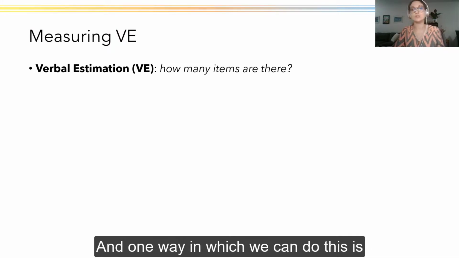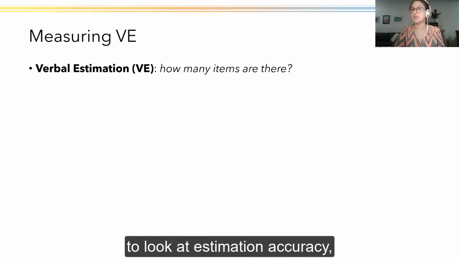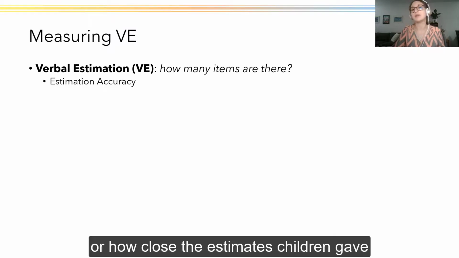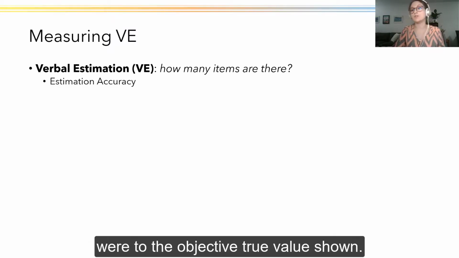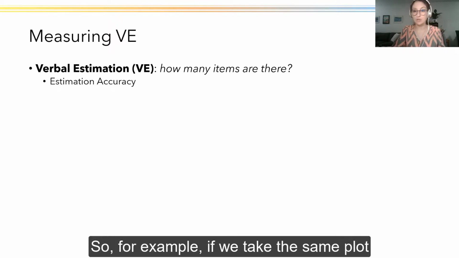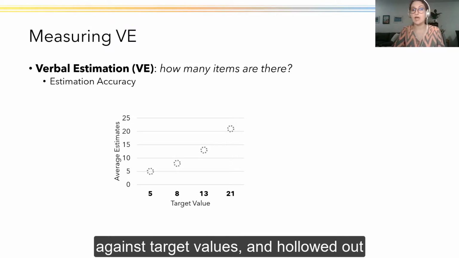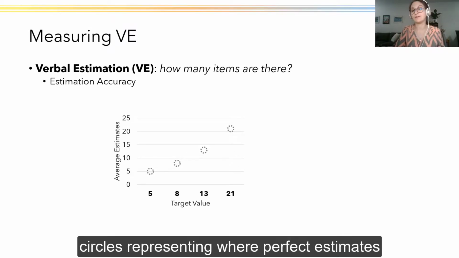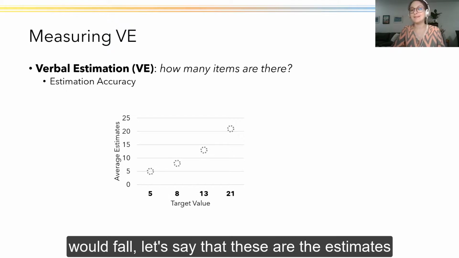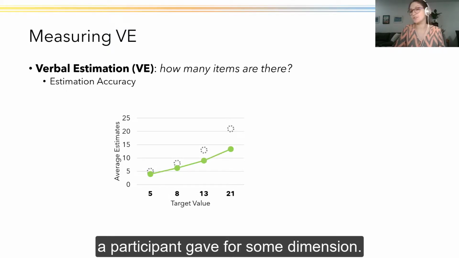And one way in which we can do this is to look at estimation accuracy, or how close the estimates children gave were to the objective true value shown. So for example, if we take the same plot from earlier with average estimates plotted against target values and hollowed out circles representing where perfect estimates would fall, let's say that these are the estimates a participant gave for some dimension.